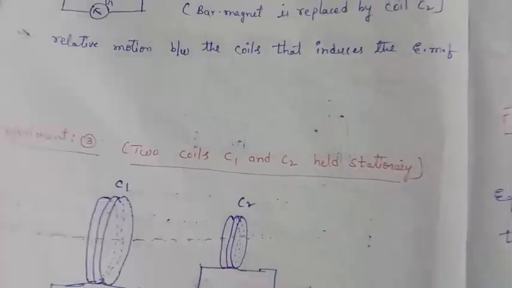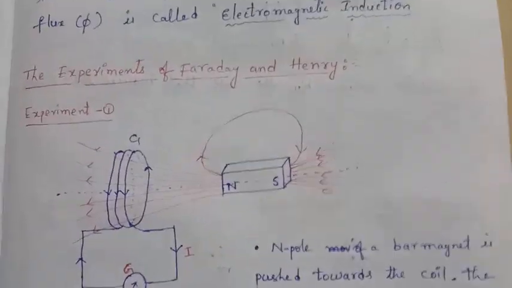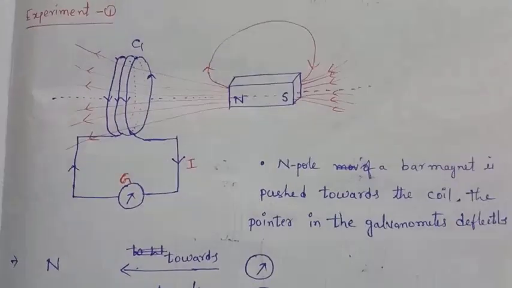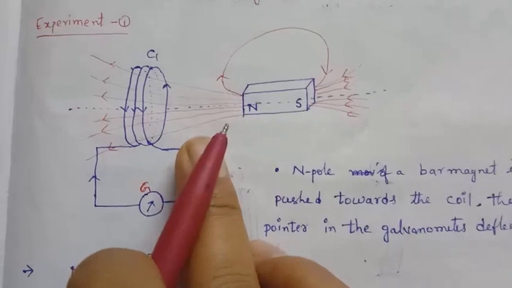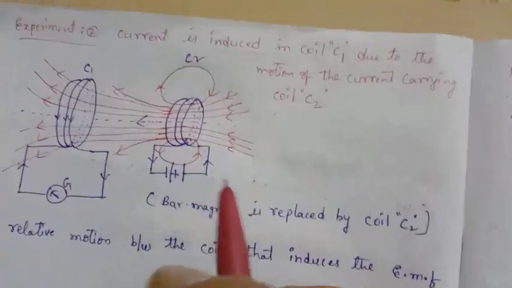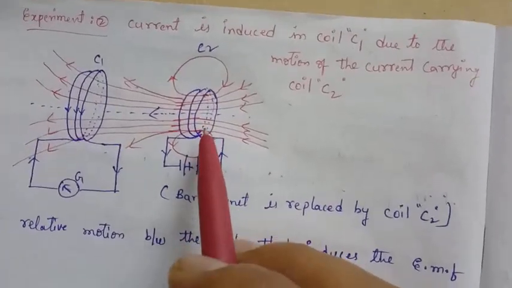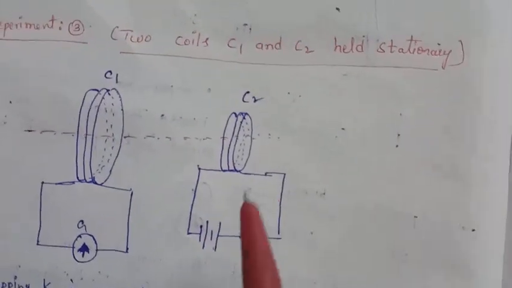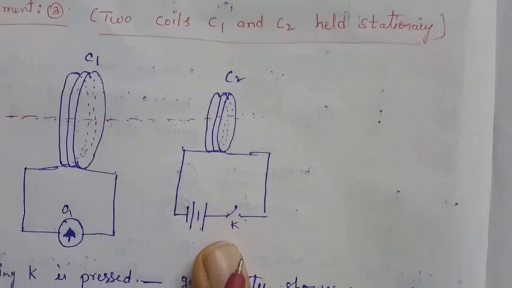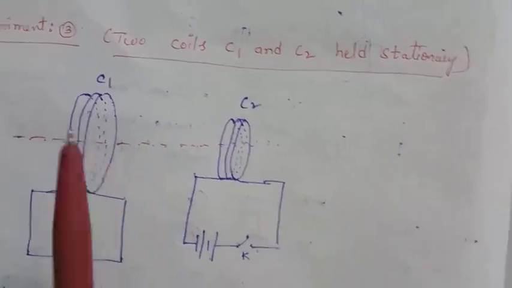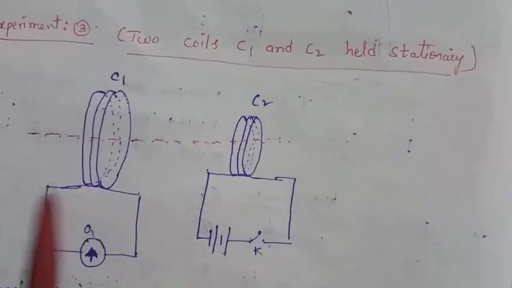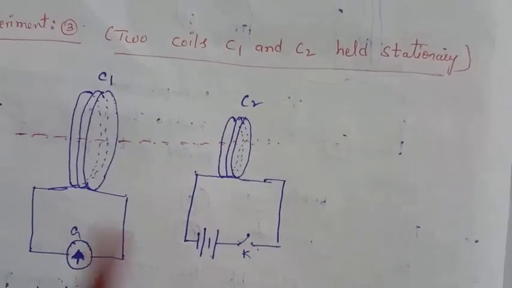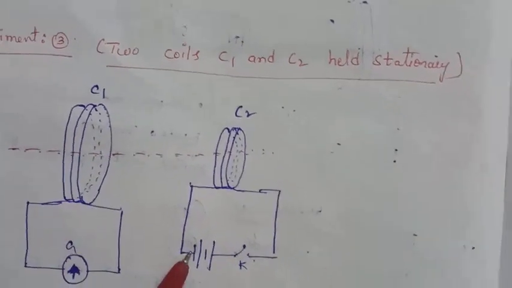So from these three experiments, what do we conclude? From the first experiment, pushing towards gives a change of magnetic flux. In the second case, the bar magnet is replaced by a circular coil C2, and at that time also you get the deflections. In the third case, you insert a tap key. When you press it, you get a momentary deflection; it deflects and comes back.